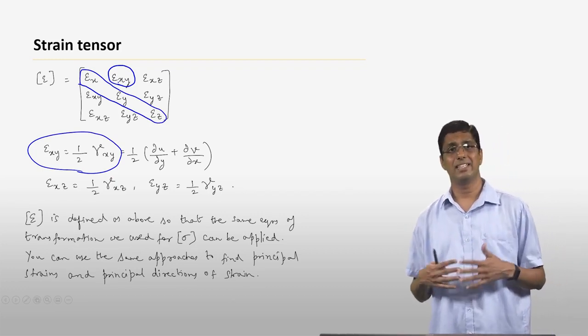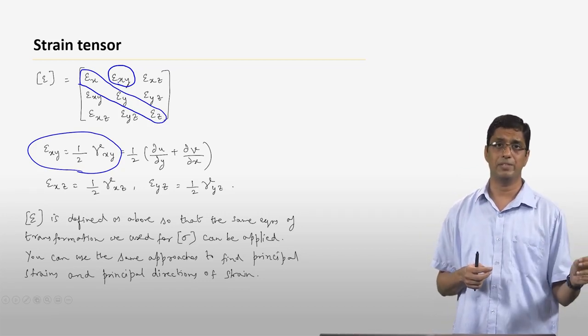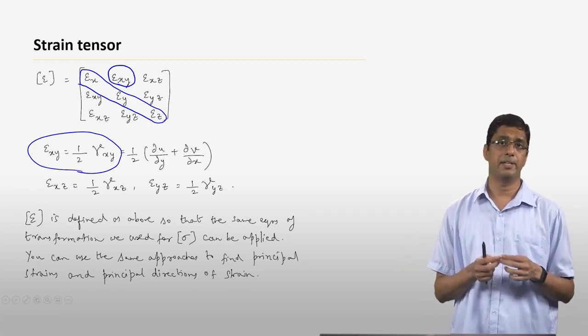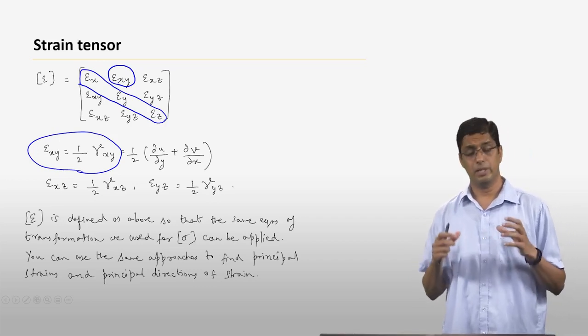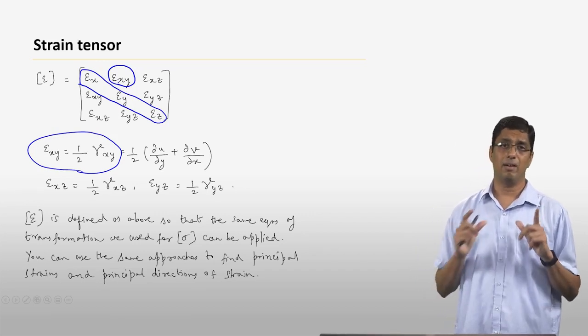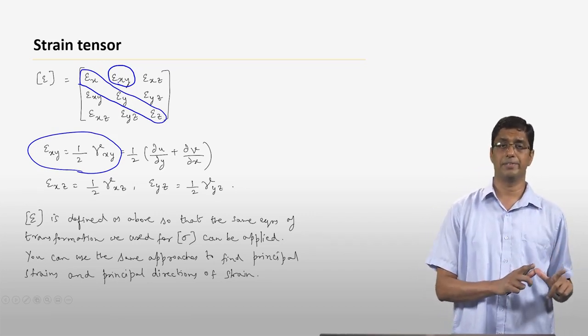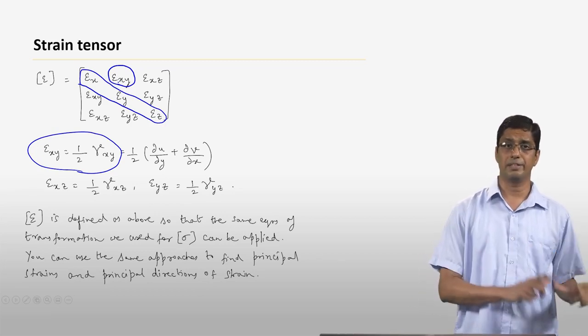The reason we define the strain tensor in this manner, using epsilon xy, epsilon xz and epsilon yz instead of gamma xy, gamma xz, is that then all the stress transformation equations that you derived can be directly used for strain transformations also.